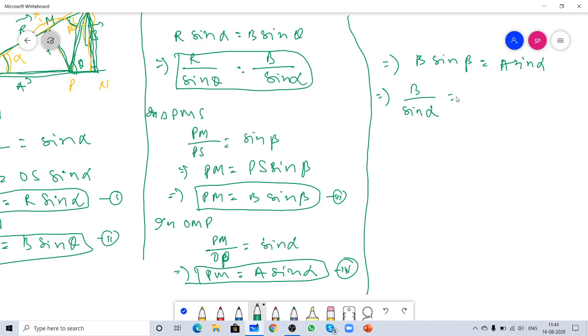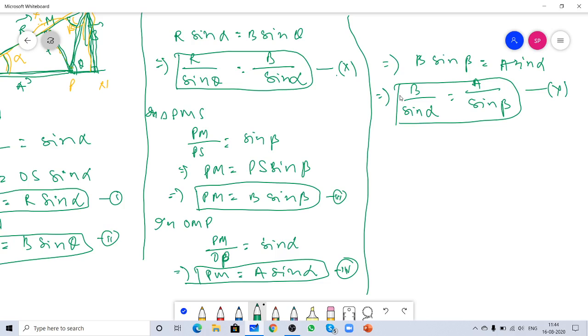So here you can see one thing, this is, let's say, relationship X, and this is relationship Y. Now you can see in X and Y, R by sine theta is equal to B by sine alpha, and B by sine alpha is equal to A by sine beta.